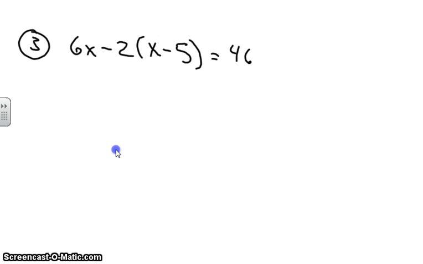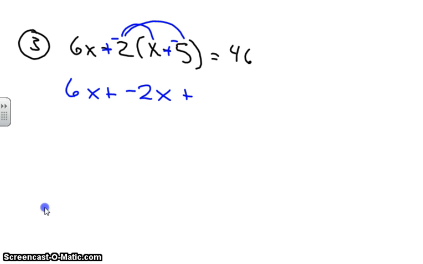And the final example today, look at that. It's a little trickier due to the negatives, so be sure you're careful with those. Come on back. All right, let's change this to adding the opposite. Once again, we see we've got to distribute first, right? So bring down the 6x, and negative 2 times x is negative 2x.